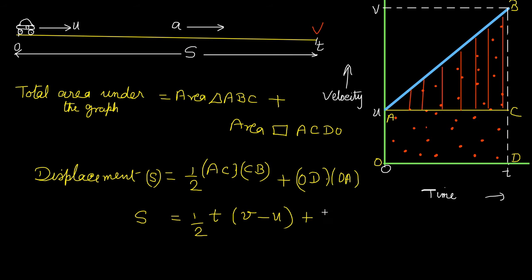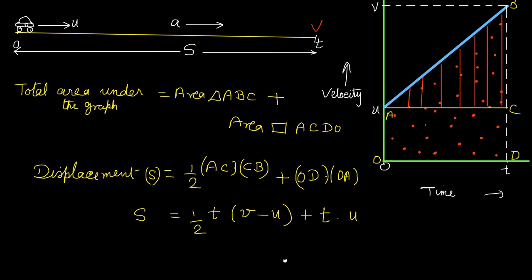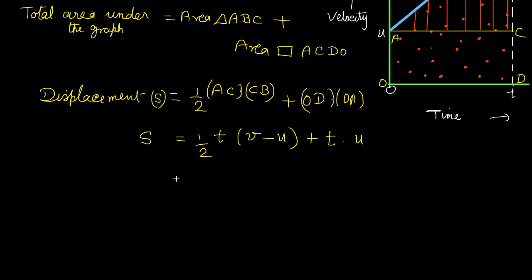OD is T, OA is U. This is equal to half into V minus U into T plus UT.